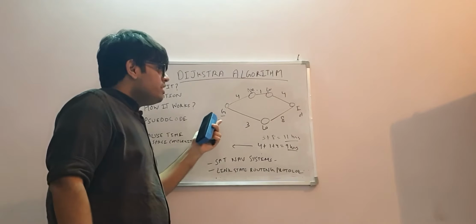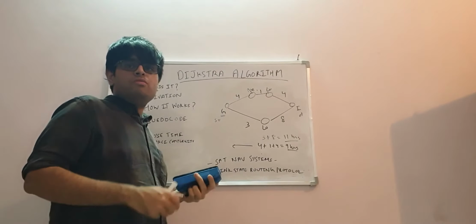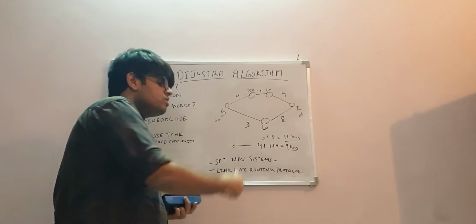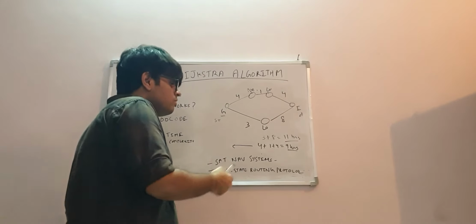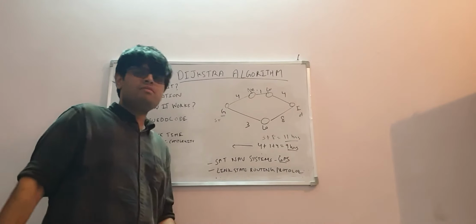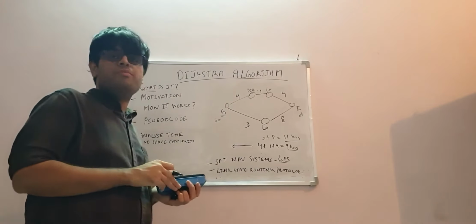So obviously you can guess from this that one of the most valuable applications of Dijkstra is in satellite navigation systems, right? So one of the examples that you might be aware of is GPS. So you might have used Google Maps on your phone, right?